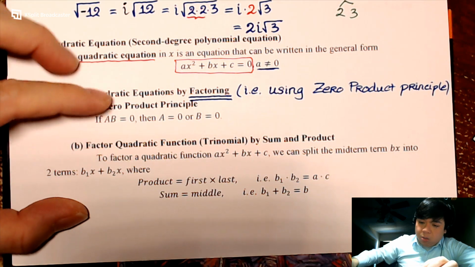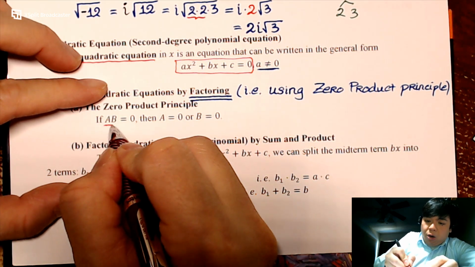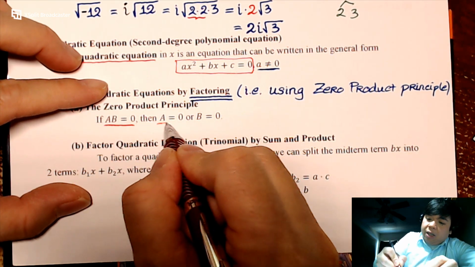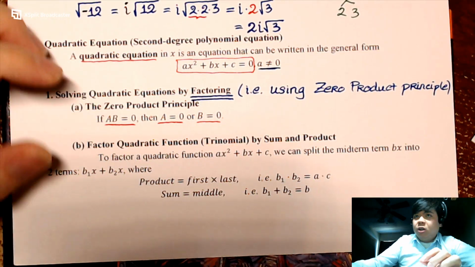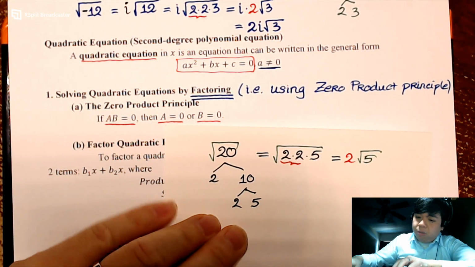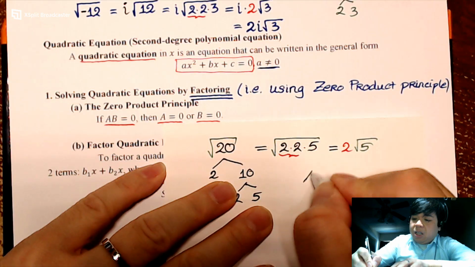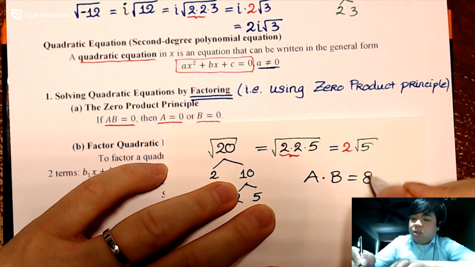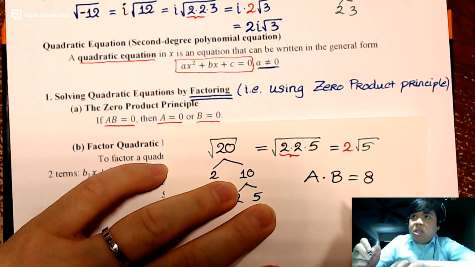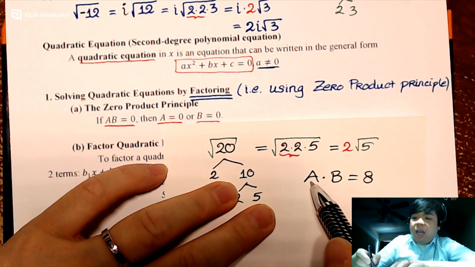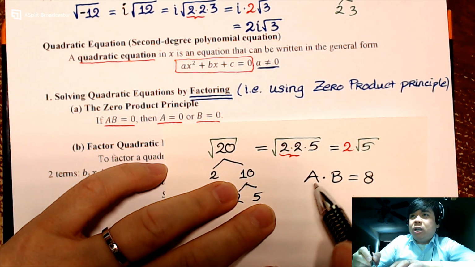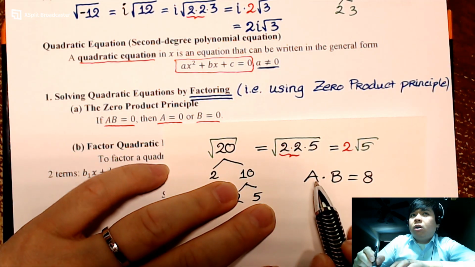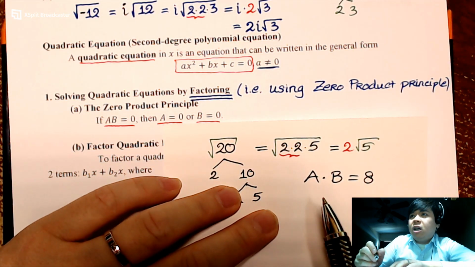The zero product principle says if a product is 0, then one of the factors equals 0. Now it only works for 0. If we say a times b is equal to 8, that will not work because that's not 0. If we have this, a and b could be 2 times 4, 1 times 8, -1 times -8.